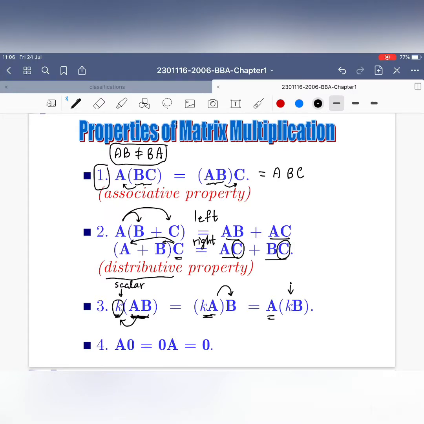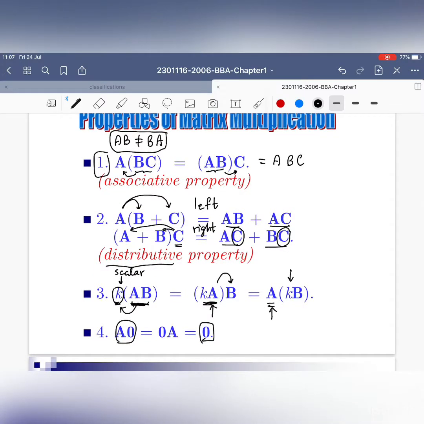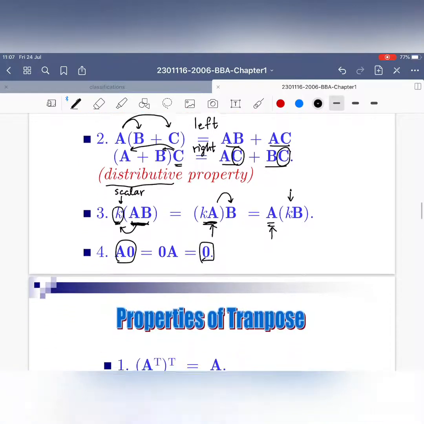So if your A is on your left of the B, it has to be on the left, all the time. And of course, if you multiply with a zero matrix, so you obtain a zero back. If your A times 0 is meaningful, or your 0 times A is meaningful.